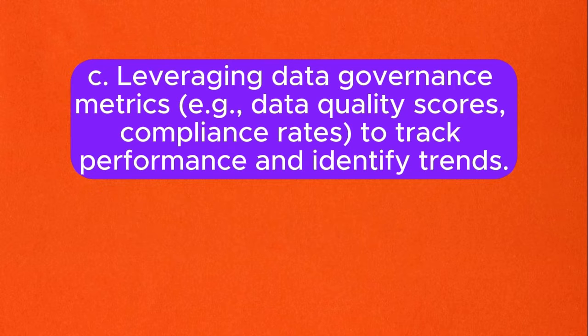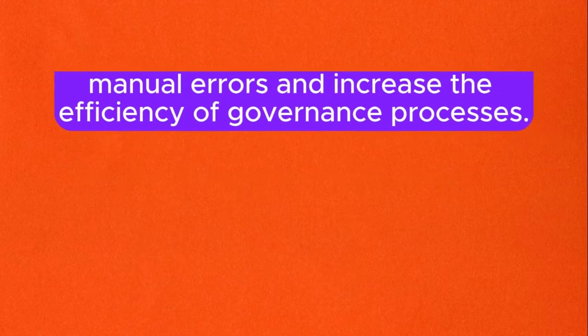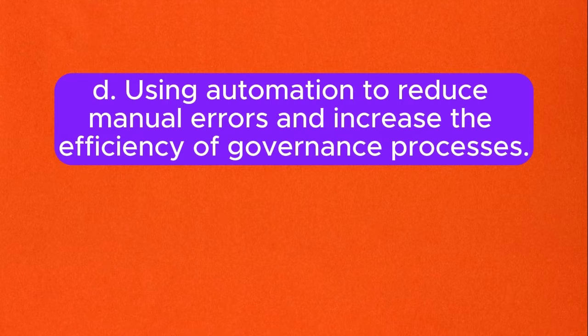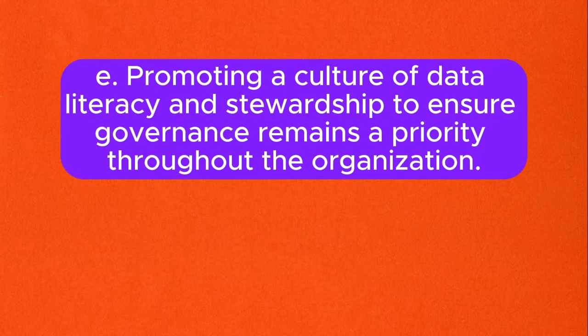C. Leveraging data governance metrics, for example, data quality scores, compliance rates, to track performance and identify trends. D. Using automation to reduce manual errors and increase the efficiency of governance processes. E. Promoting a culture of data literacy and stewardship to ensure governance remains a priority throughout the organization.